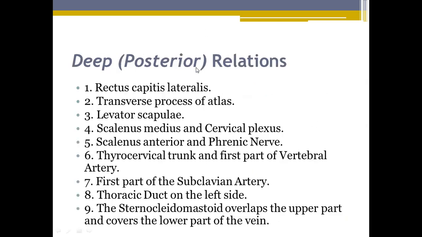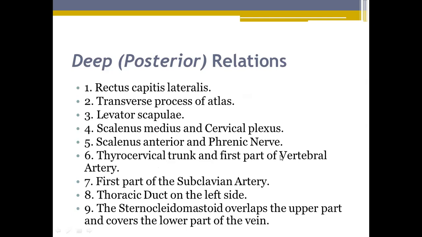Deep are the posterior relations of the internal jugular vein. Deeply it is related to rectus capitis lateralis, transverse process of atlas, levator scapulae, the scalenus medius and its cervical plexus, scalenus anterior and phrenic nerve, thyrocervical trunk and first part of the vertebral artery, first part of the subclavian artery, and thoracic duct on the left side.